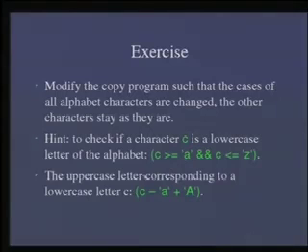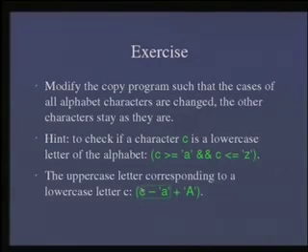Which means that if c is indeed a lowercase letter, then if we subtract the ASCII code of a from it, then what we'll get will be the place of the character c in the alphabet, starting with 0.